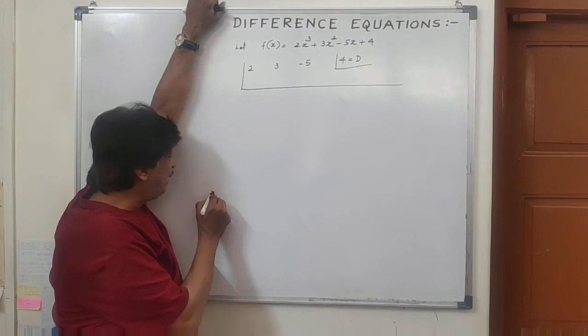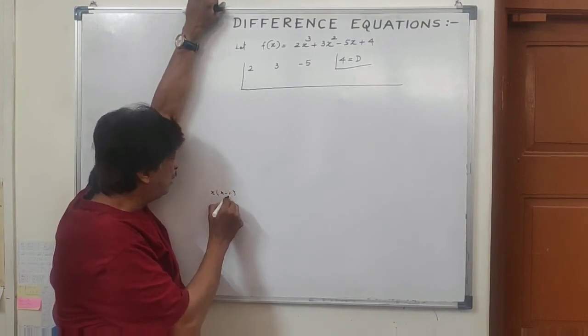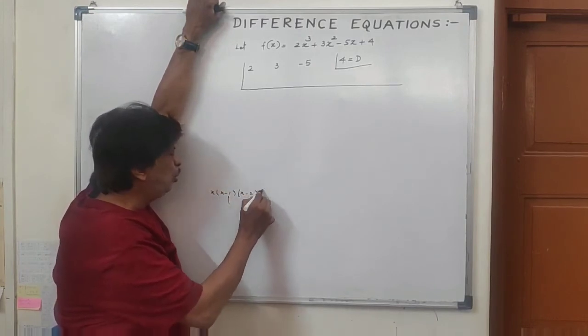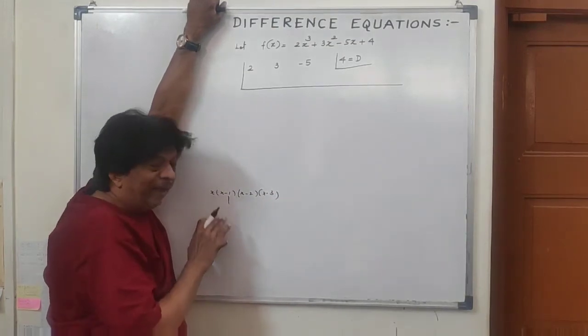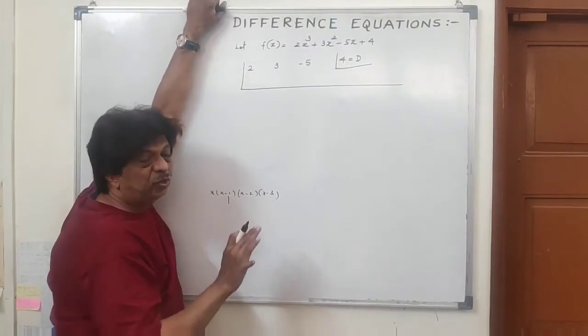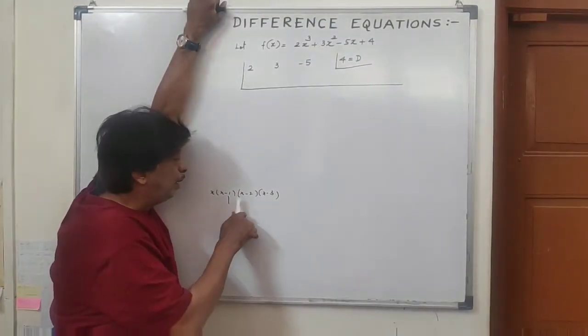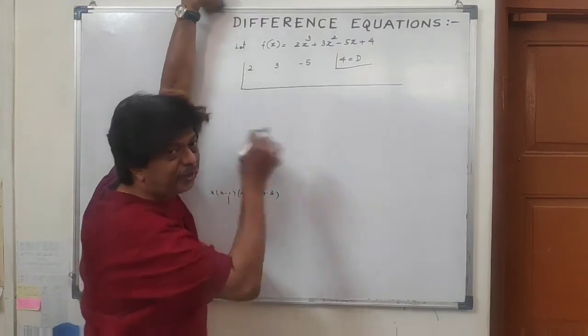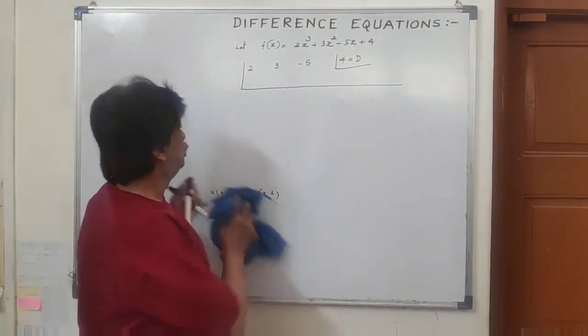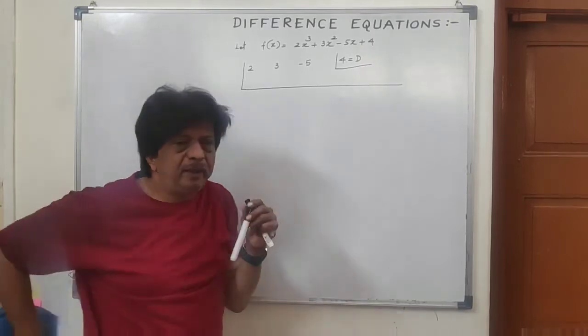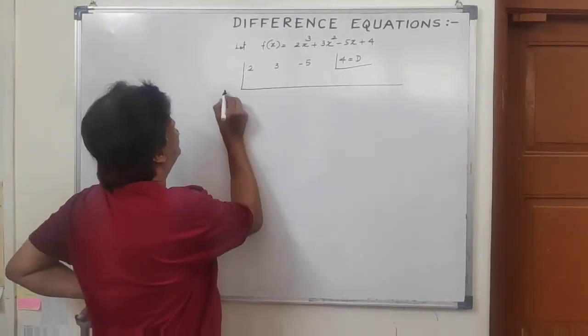Because the factors are x, x minus 1, x minus 2. That does mean 0, 1 and 2 are roots of this polynomial. Now, let us divide this at the outset by 1.